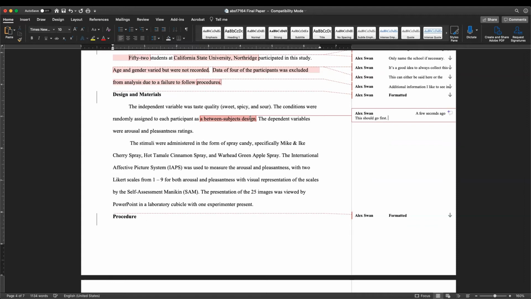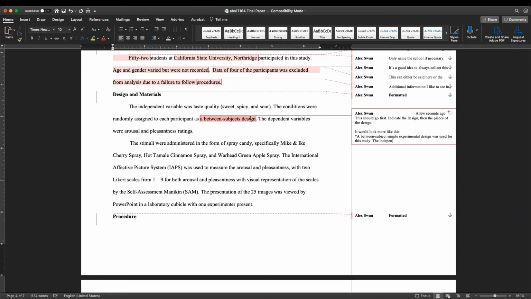Now, moving on to design and materials, some of the things that I note about my own writing here is that you should put the design first. Design goes first, and then you fill in the pieces of the design in subsequent sentences. So I say here that it would be a good idea to say that this is a between subjects, simple, one independent variable design.